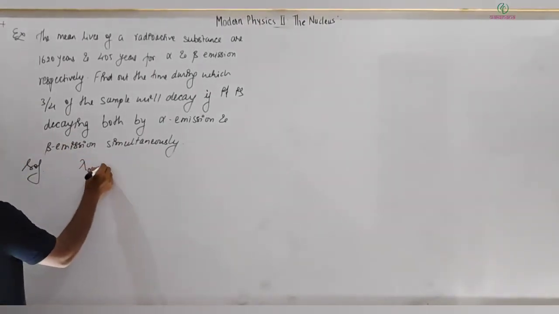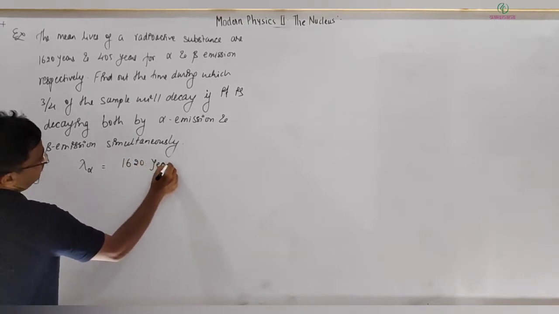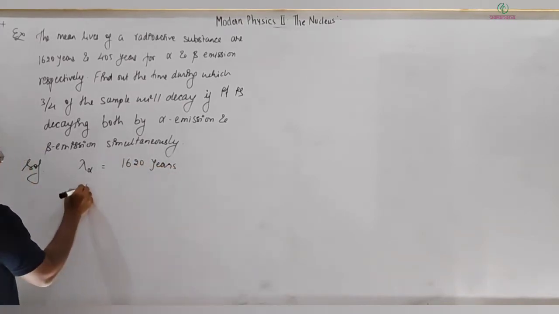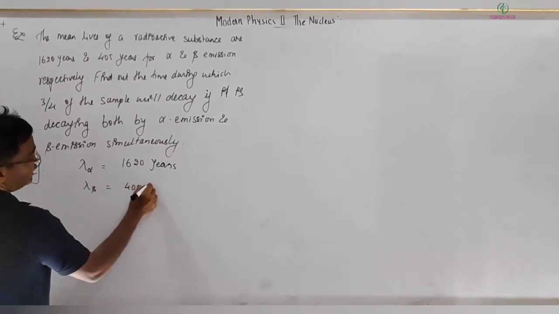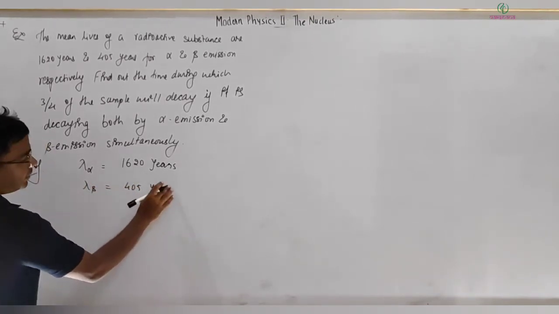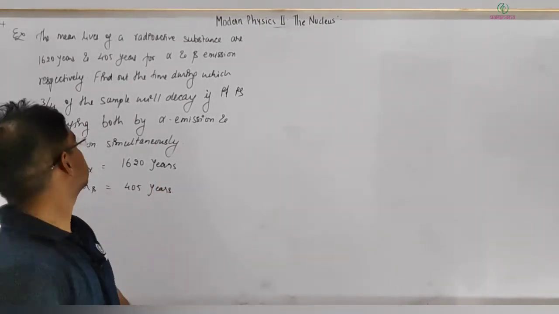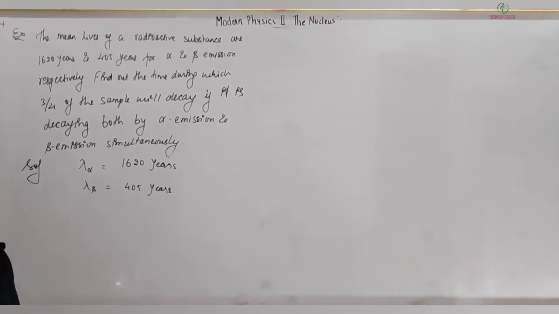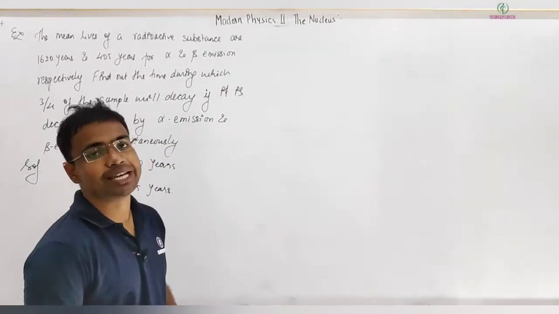The average life for alpha emission is 1620 years for the radioactive substance, and for beta it is 405 years for the same radioactive substance. Now we are asked to find the time during which 3/4 of the sample will decay if it is decaying both by alpha and beta emission simultaneously.